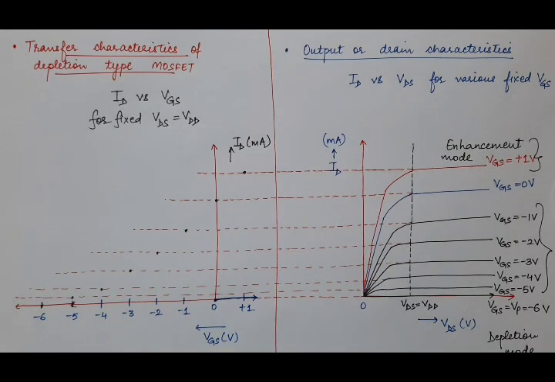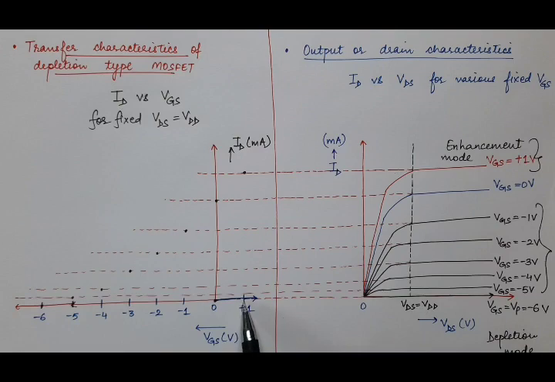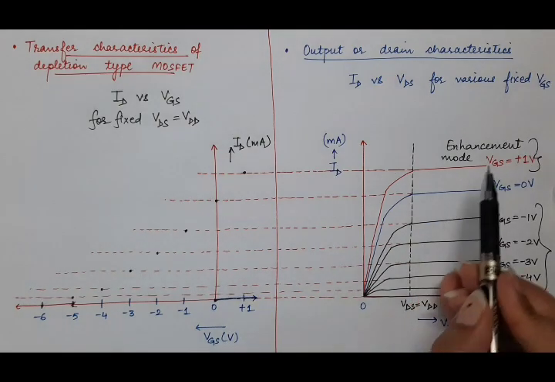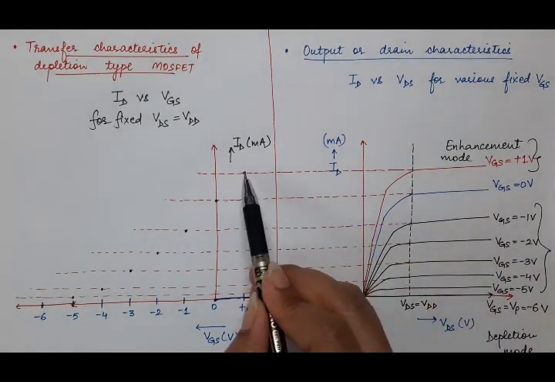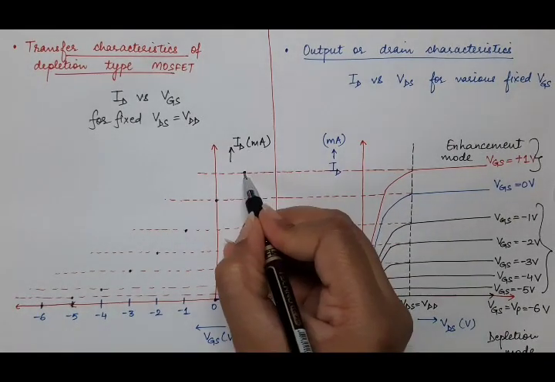Now what is the value of drain current corresponding to VGS plus 1 volt? Corresponding to VGS plus 1 volt, the maximum drain current is this. So we have this point.